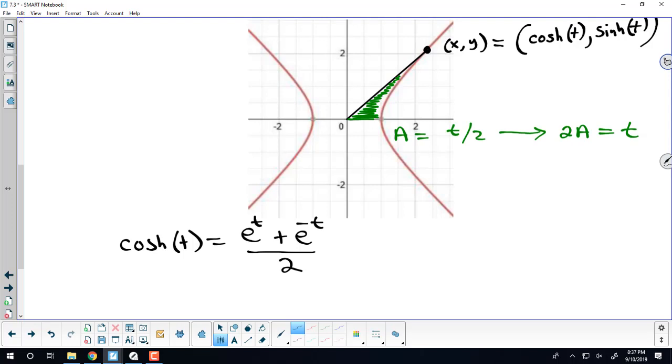In other words, if I plugged in a t, could I get a point over here? No. How come? It's not negative, right? e to any power is always positive. You add two positive things, divide by a positive, so this is always positive. So it's positive for all t.